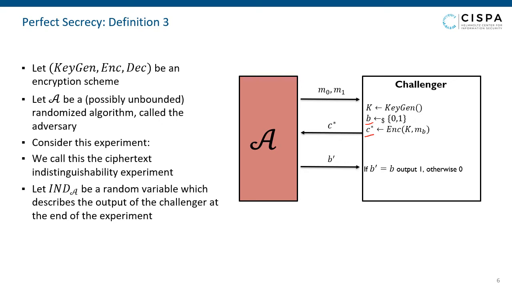Okay, before I complete this security definition, let me remark that this definition really deserves the name security model, as it explicitly states what the adversary is allowed to do and what he gets to see. Namely, what is he allowed to do? He's allowed to choose the messages M0 and M1, and he sees the challenge ciphertext C star.